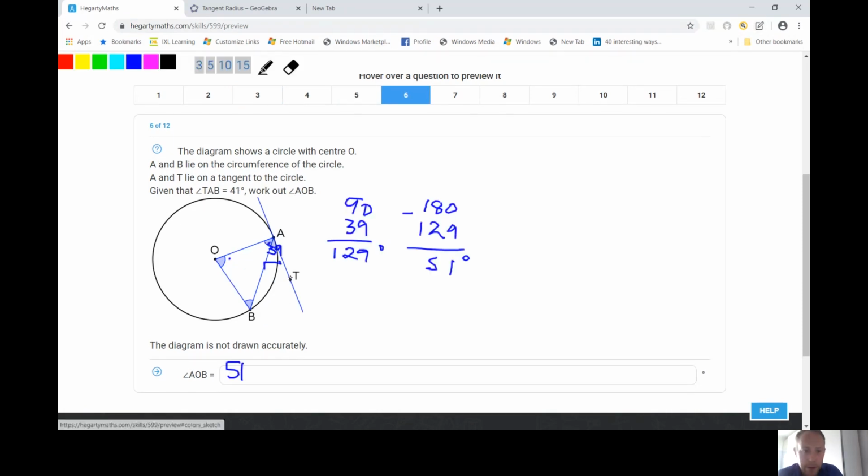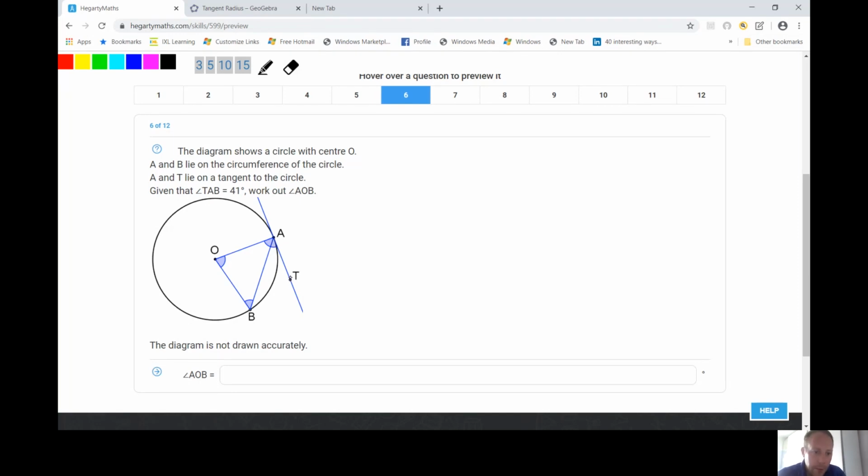So this looks a little bit trickier. Okay, let's try purple this time. Given that TAB is 41, so this angle inside here is 41 degrees. Okay, do I know anything else? Well, I know this is a tangent, and this line here is the radius. So I know that that's 90 degrees, and I also know that this bit here is 90 degrees as well.